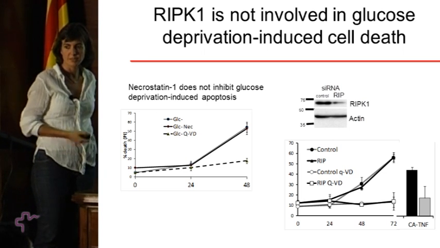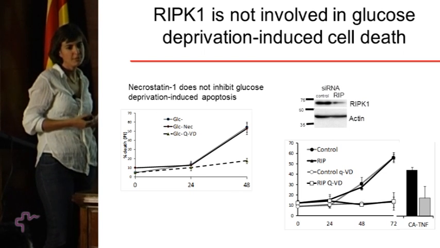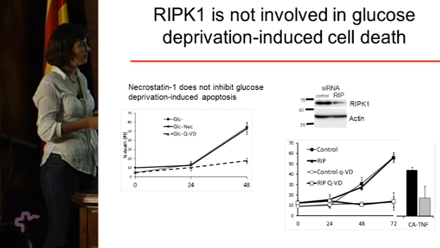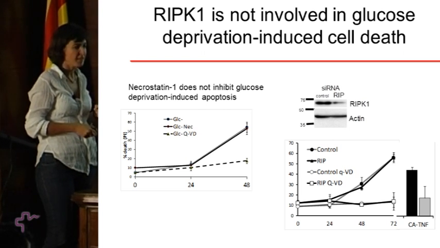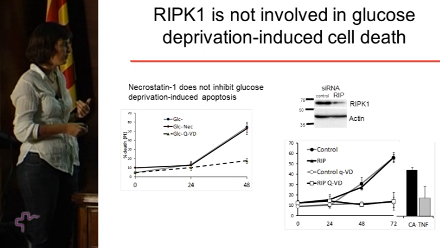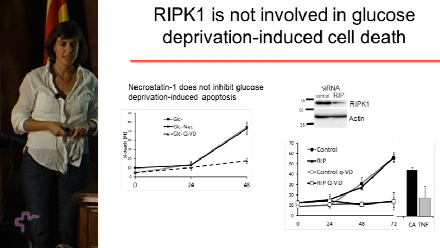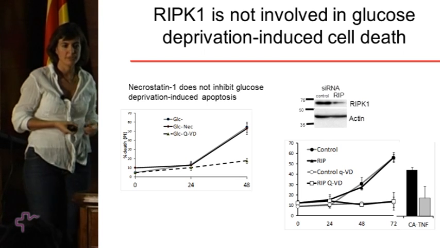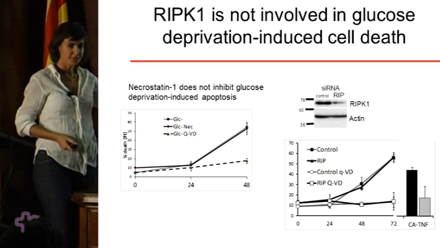It's not depending on RIP kinase activity. But RIP is also not forming a scaffold that would activate caspase-8, because when we knock down RIP enough to prevent death induced by something else that forms the ripoptosome, again, cells are completely parallel. RIP has nothing to do with this form of cell death. Or you need so little amounts of RIP that we cannot observe any effect of RIP knockdown.